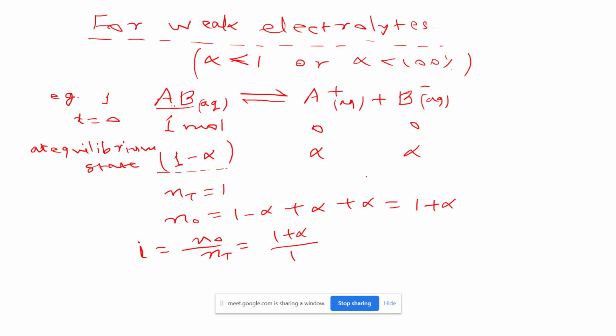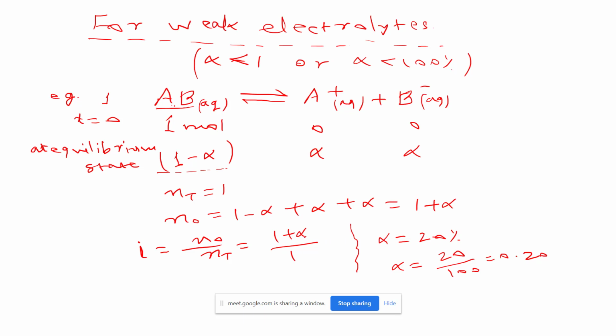Here alpha is known as degree of dissociation, and you have to use this as a fraction. It may be given in percentage form, but you have to always use it as a fraction. Like if alpha is given as 20%, then the fraction will be 20 by 100, 0.20. So you have to take the absolute value of alpha, the fractional value, not the percentage.